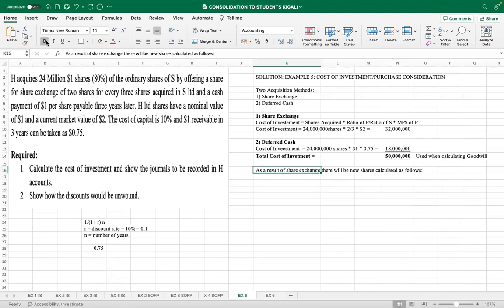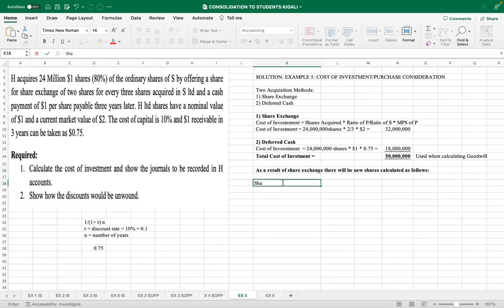Let's take note of that. Number 1, there will be share capital.